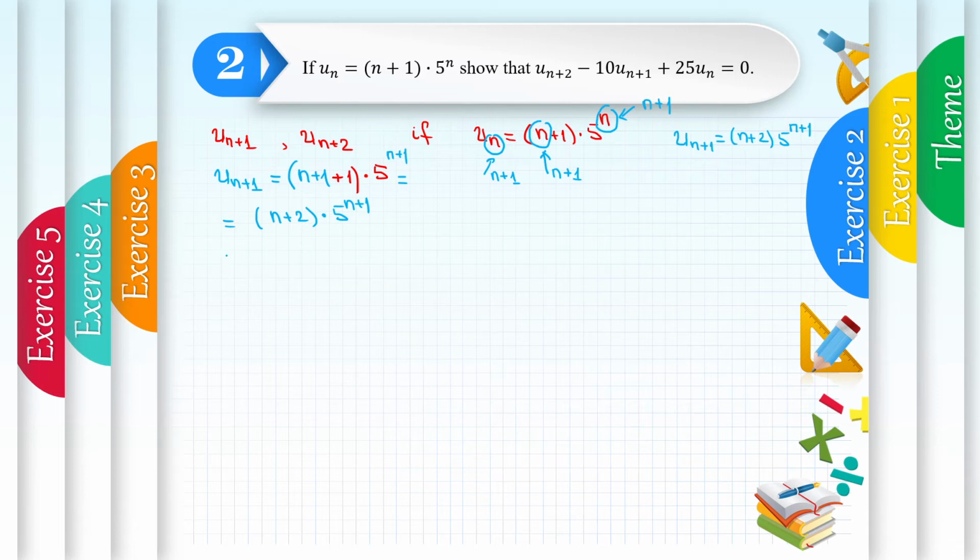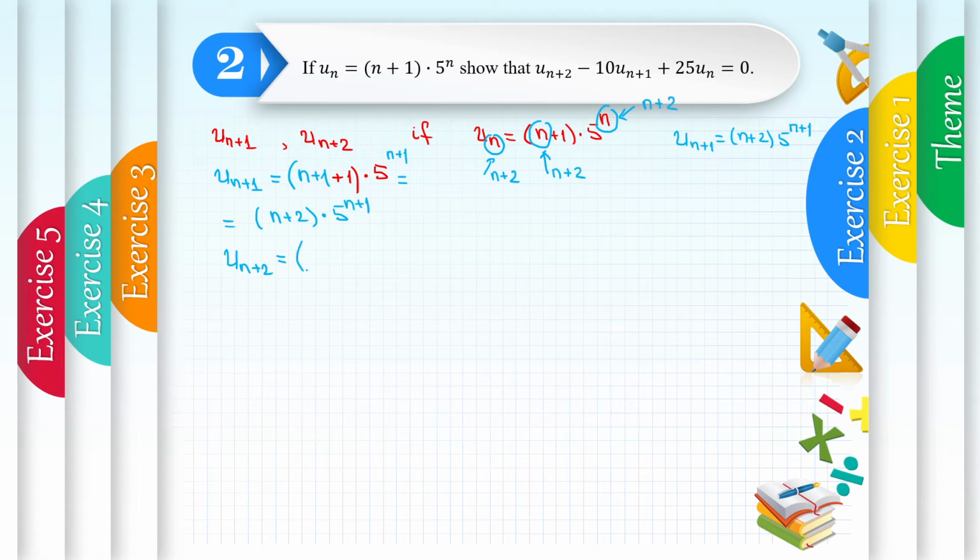Next, using the same idea, we'll deduce the formula for un plus 2. This means that we are going to the general formula, and instead of n, we are going now to put n plus 2. So here we'll put n plus 2, here n plus 2, and n plus 2.